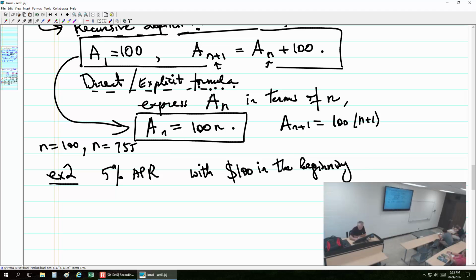Okay, so that is once again a verbal description of our sequence. So we first of all introduce the notation. So for example, this is the notation that I introduced. Let n be the year since the beginning.